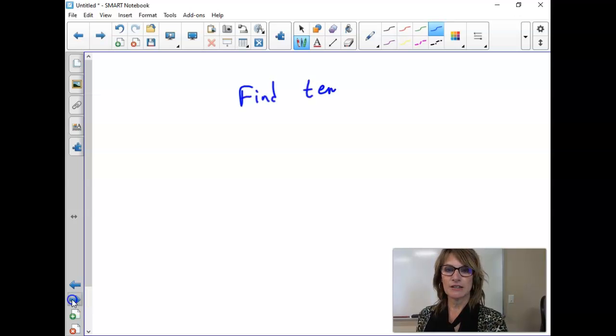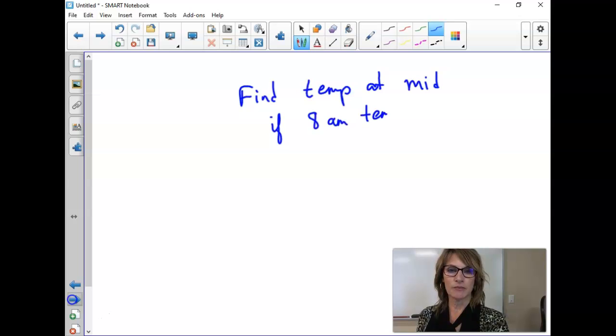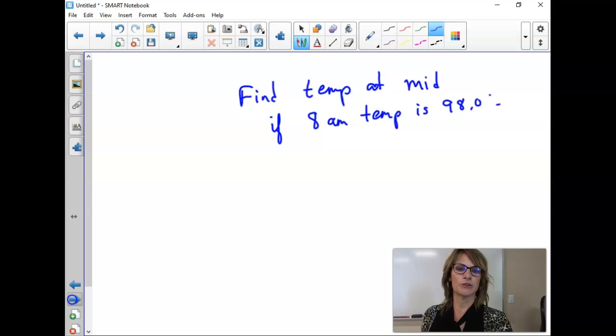So, find the body temperature at midnight if the 8 a.m. temperature is 98.0 degrees. Okay, don't use your regression equation.